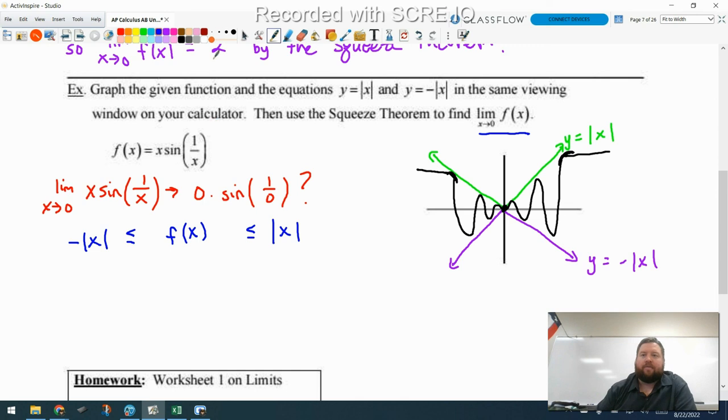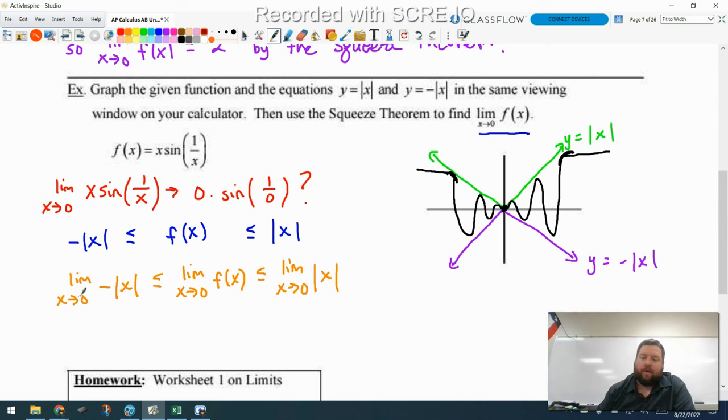So now I have the limit as x approaches 0 of the negative absolute value of x, less than or equal to the limit as x approaches 0 of f of x, which is less than or equal to the limit as x approaches 0 of the absolute value of x.